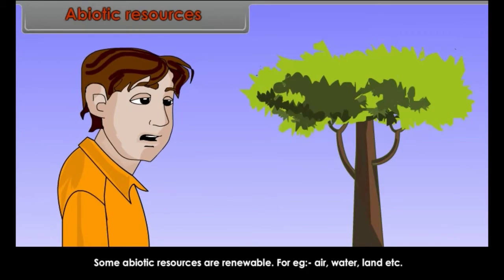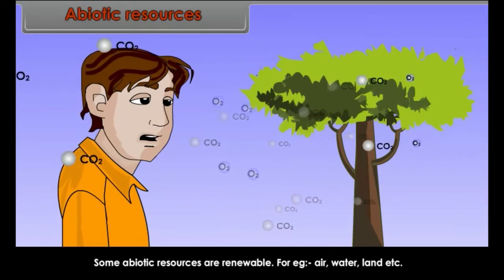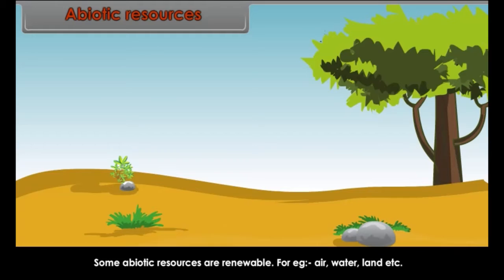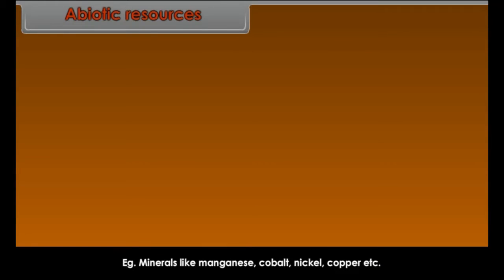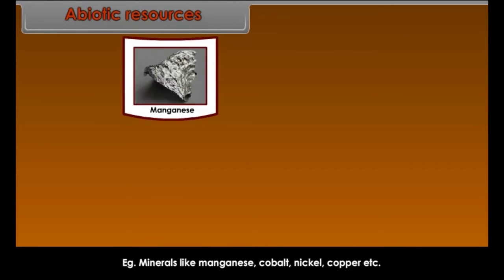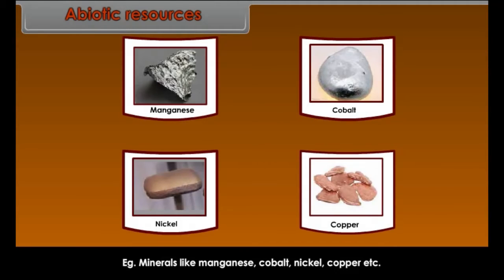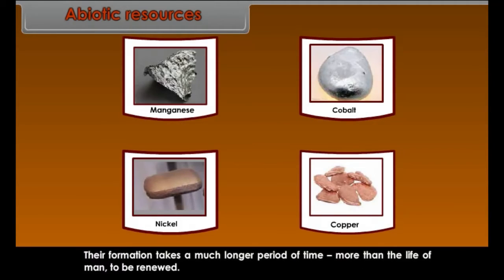For example, air, water, land, etc. There are some abiotic resources which are non-renewable. Example, minerals like manganese, cobalt, nickel, copper, etc. Their formation takes a much longer period of time, more than the life of man, to be renewed.